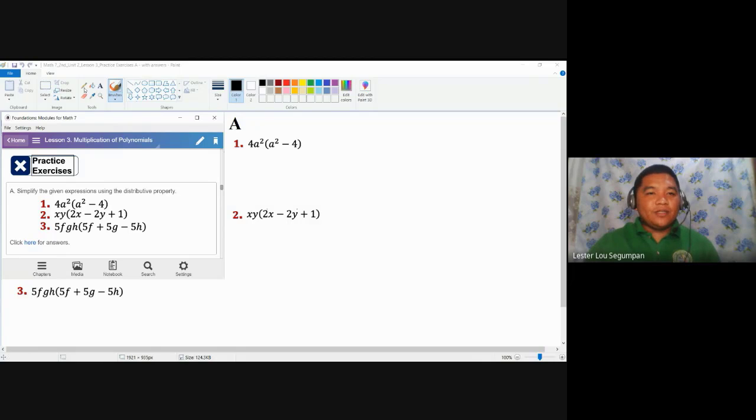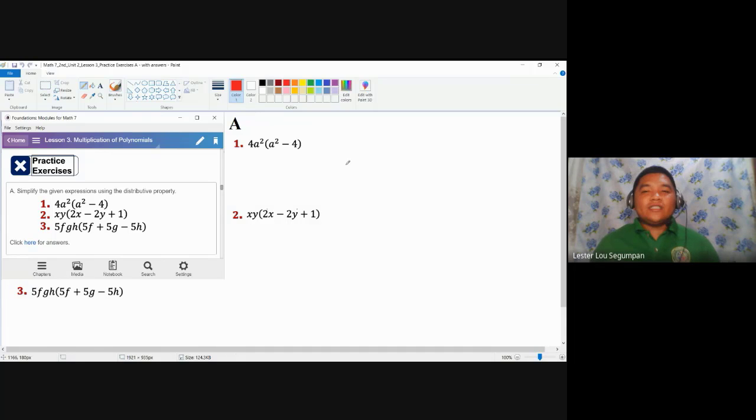So to distribute this one, we are going to distribute the whole monomial term. In the previous video, in the last practice exercise for adding and subtracting polynomials, we talked about grouping symbols, and we distributed the signs to all the signs of the terms inside the grouping symbol.